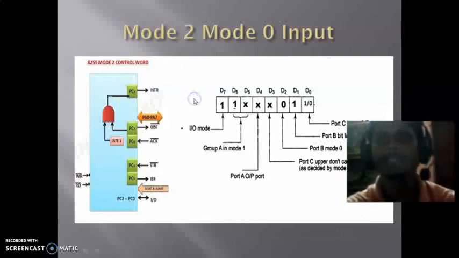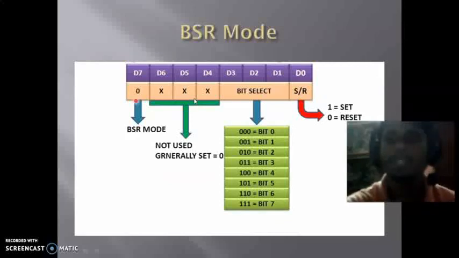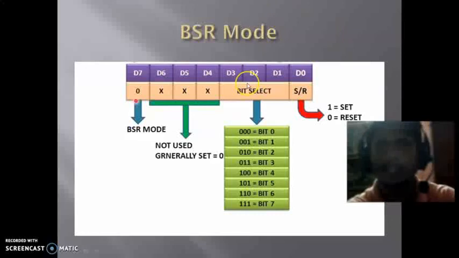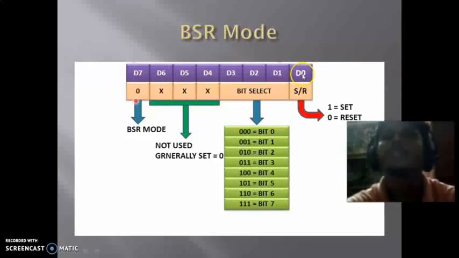The next mode is the BSR mode, the bit set reset mode. This is not an input output mode. Here port C is used in bit set reset mode, and port A and port B are not used. The control word changes for the BSR mode. The D0 bit is used to set and reset a particular bit of port C. The bit selection is done using D1, D2 and D3.